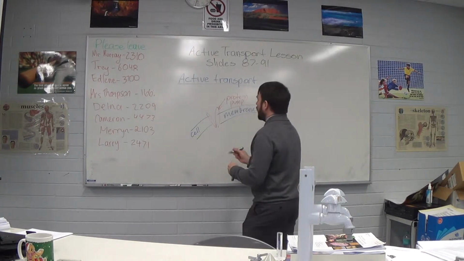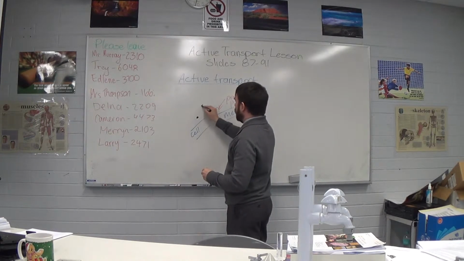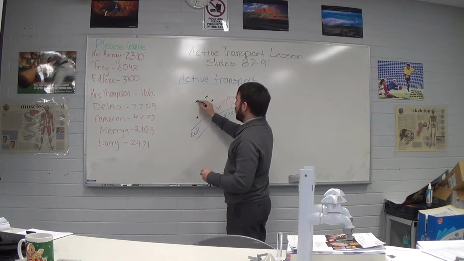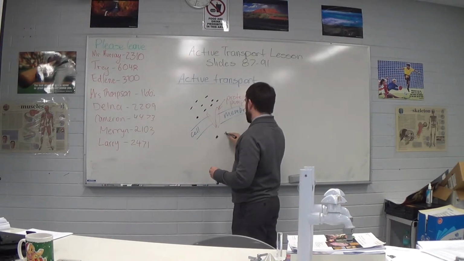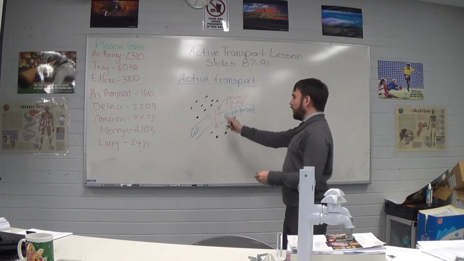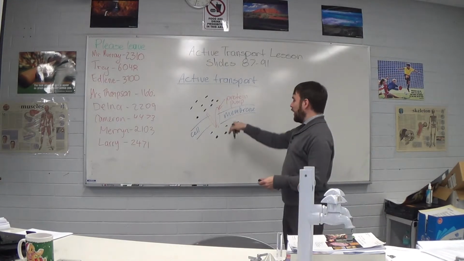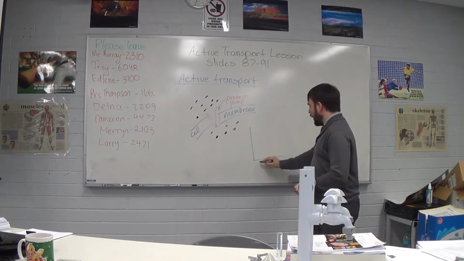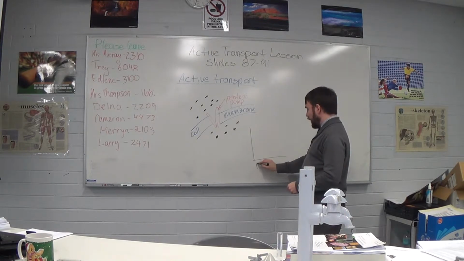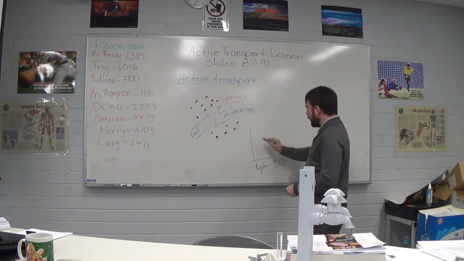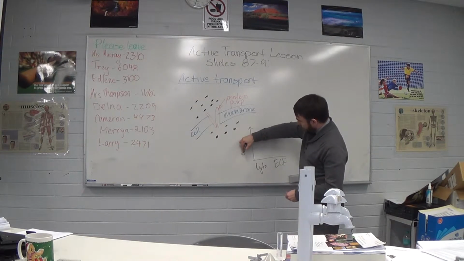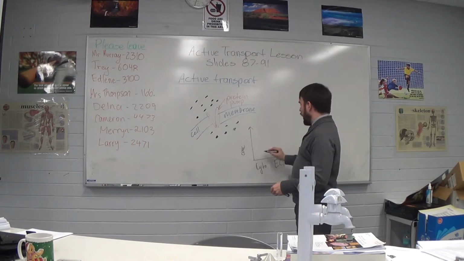Now on the outside here, we have our solute, whatever it might be, and on the inside we have the same solute. Now I've drawn that there is a concentration gradient here, so in the cytoplasm versus the ECF, we have a comparatively low to high.